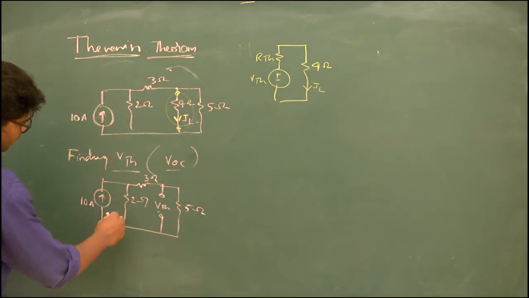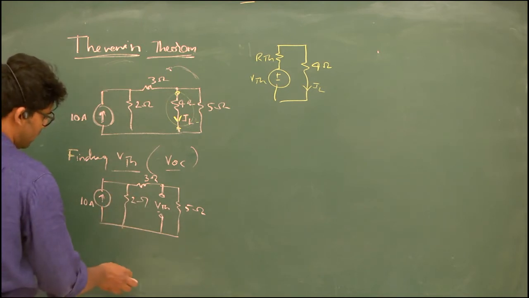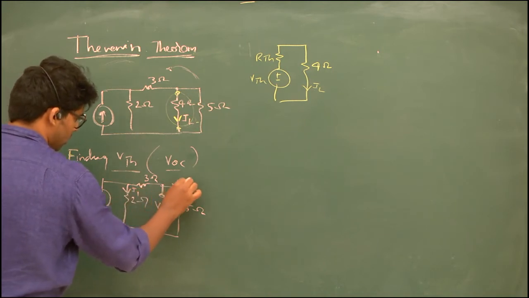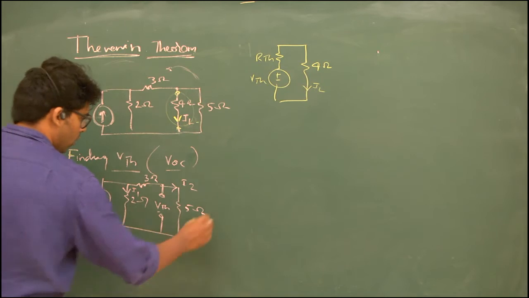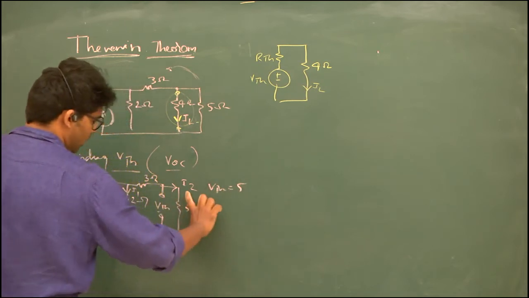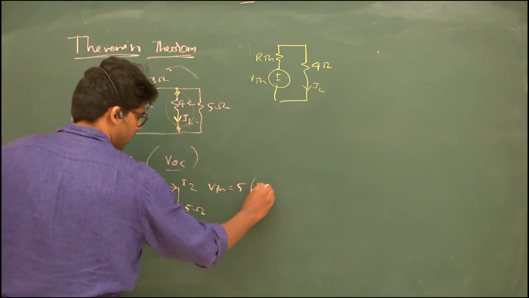We can apply the current division rule. Let us say this is current I1 and this is current I2. The V Thevenin value is 5 into the current flowing through it, that is I2.